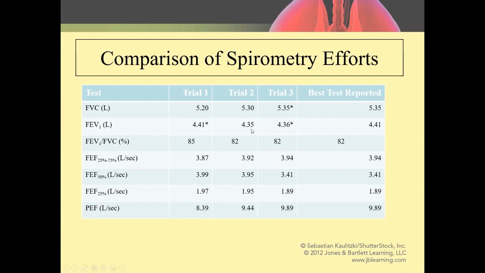It gives you an idea that these numbers are all within a very limited amount of variability. Based on the limited variability, assuming they're all acceptable maneuvers, you would take the highest of each one of those.